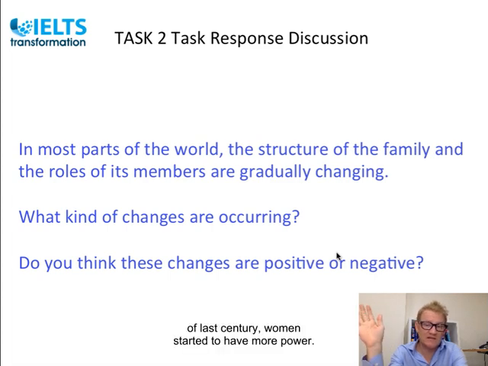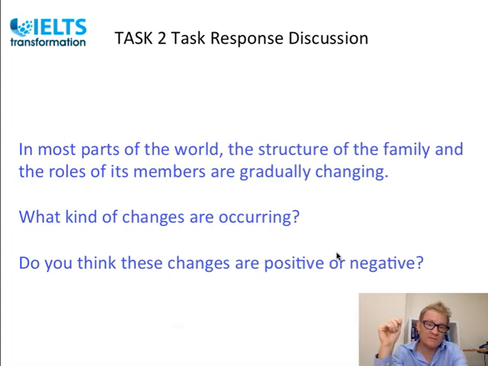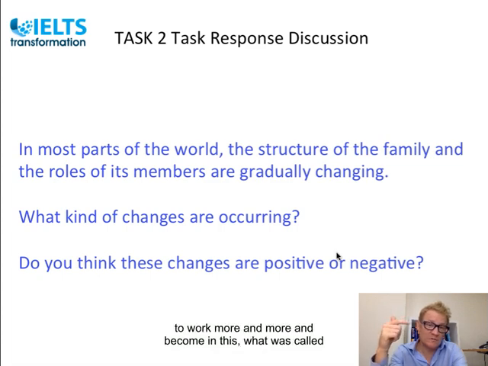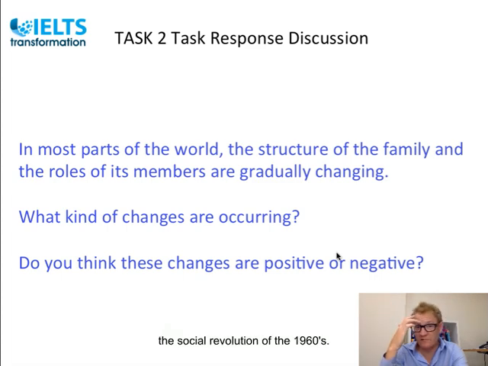the beginning of last century, women started to have more power. They got the vote, then they've started to work more in paid work. Obviously in the war they did lots of work, but after the war certainly women started to work more and more and become in this what was called the social revolution of the 1960s.